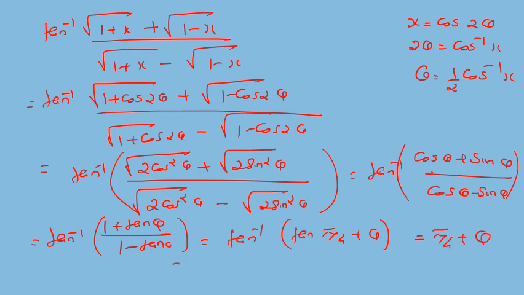Our theta is half cos inverse x. So pi by 4 plus half cos inverse x is the simplified form of tan inverse of root of 1 plus x plus root of 1 minus x, by root of 1 plus x minus root of 1 minus x. I think it is clear for you.